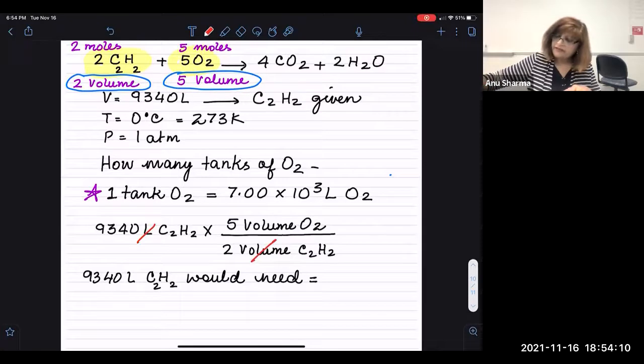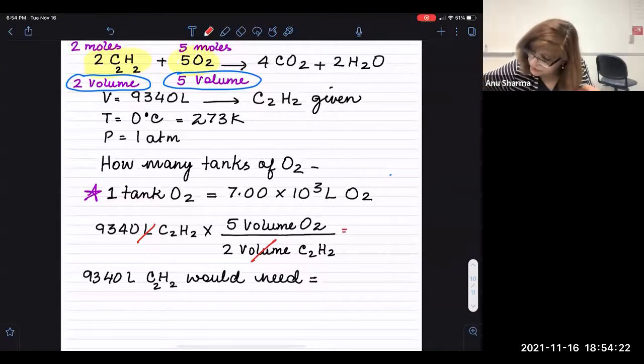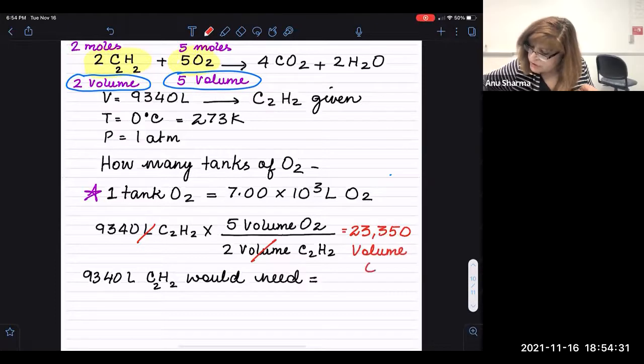So what do you get? 9340 times 5 divided by 2, and you get 23350 volumes of oxygen.